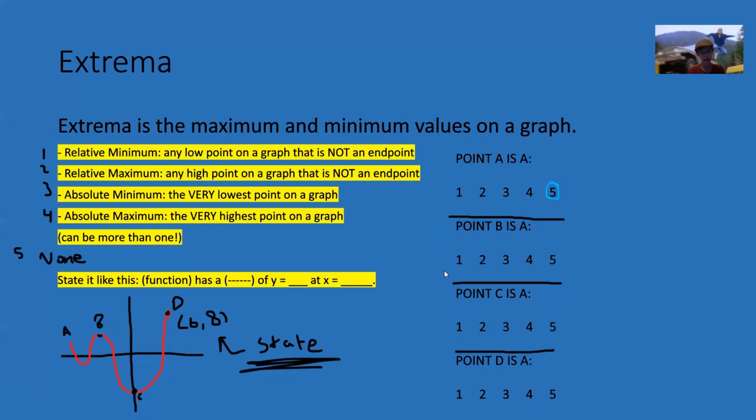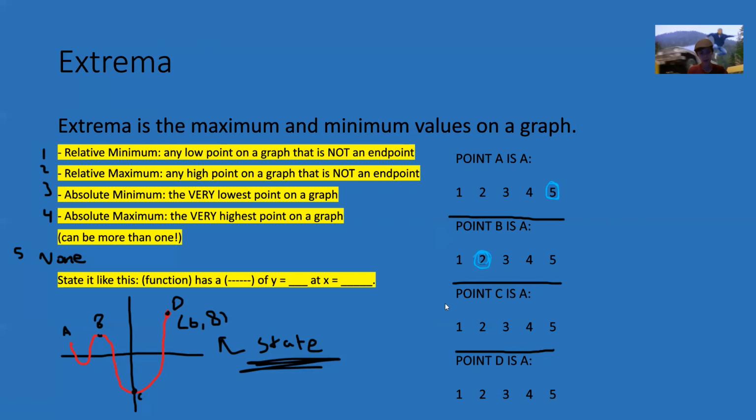It's not the very highest or lowest, so it has to be relative, so it's a high point maximum. So that would be number 2. So point B is a relative maximum.